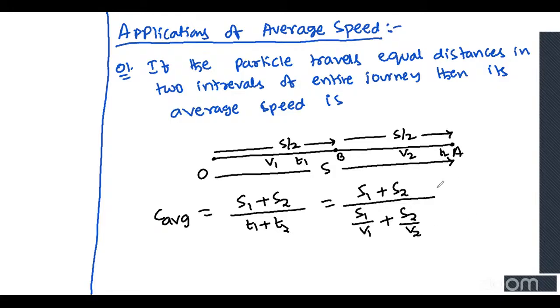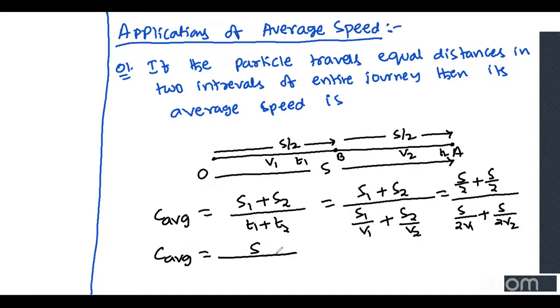S1 means S by 2 plus S2 also S by 2. The denominator is S by 2V1 plus S by 2V2. So average speed equals numerator S, denominator take S by 2 common: 1 by V1 plus 1 by V2.